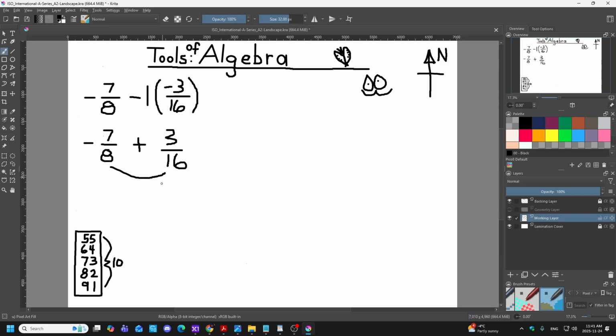So, to keep my denominator low, I'm going to go with 16 because I know that 16 can be divided by 8. And obviously 8 can be divided by itself. Continuing on. 16's my denominator. Don't forget your sign, right?